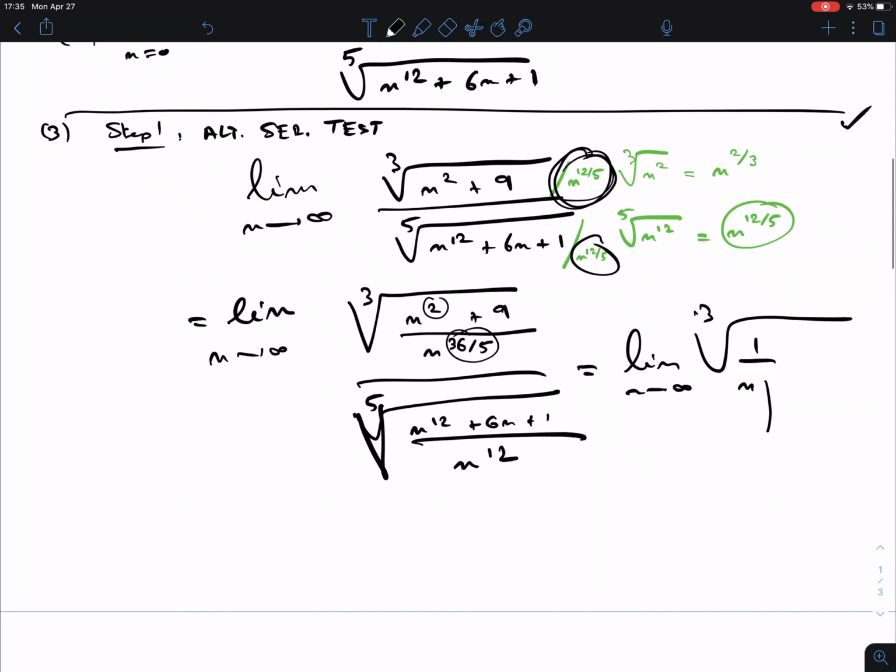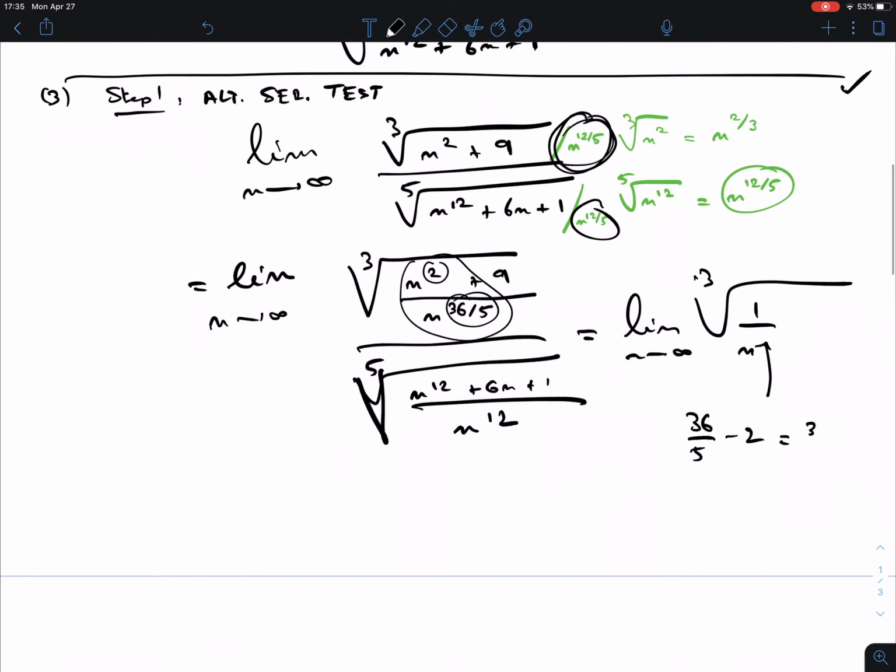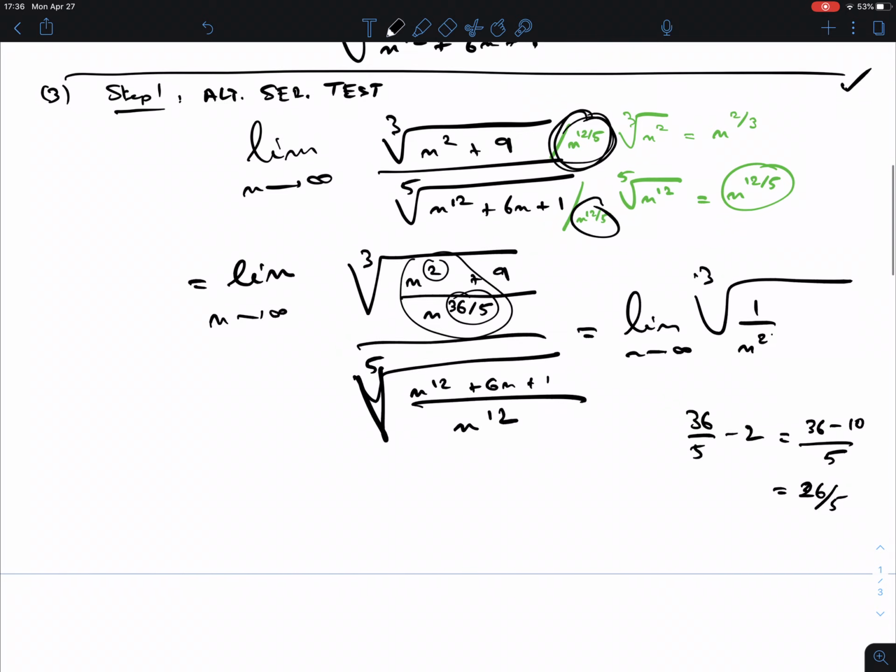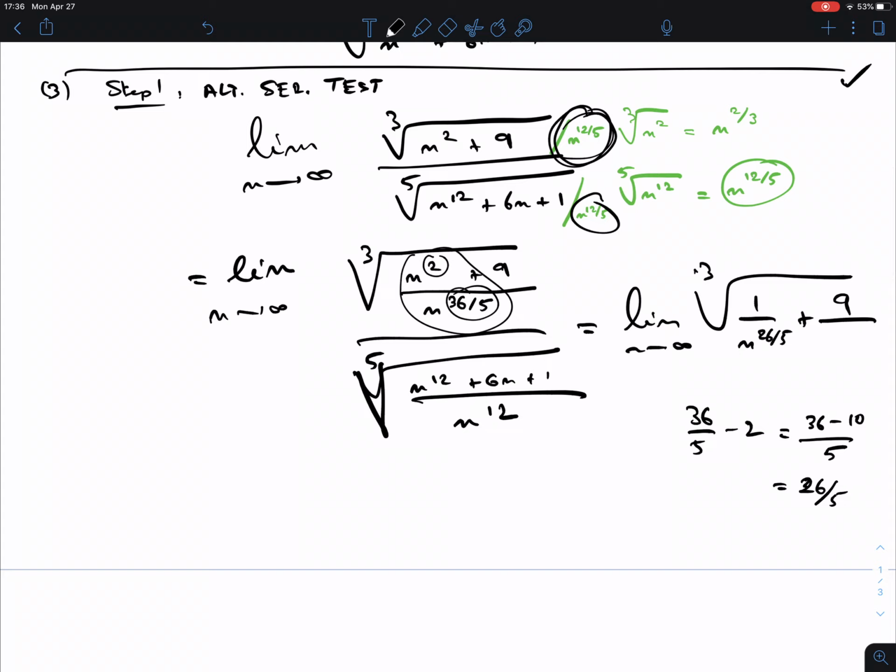That's how you divide here. Which is 36 minus 10 over 5, which is 26/5. Okay, so that's where I'm going to write this now. So 26/5 plus 9 over n to the 36/5.